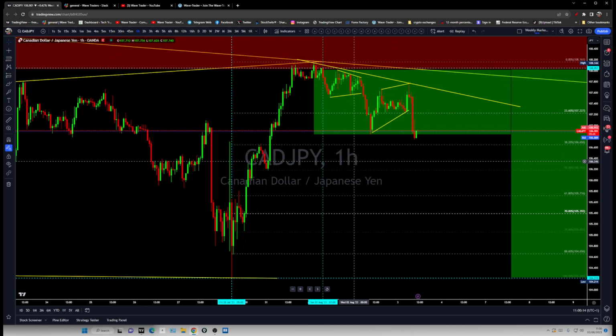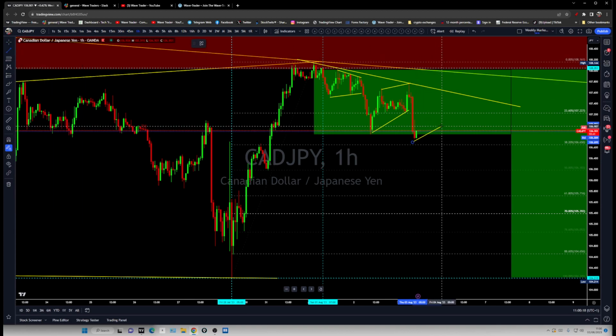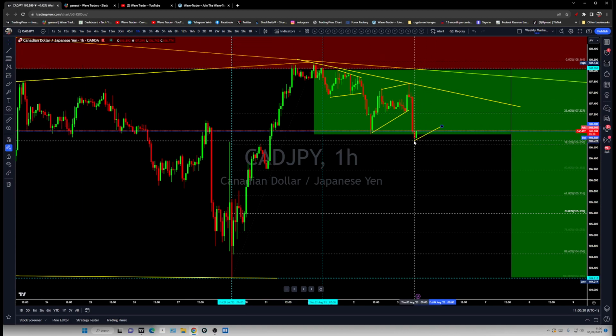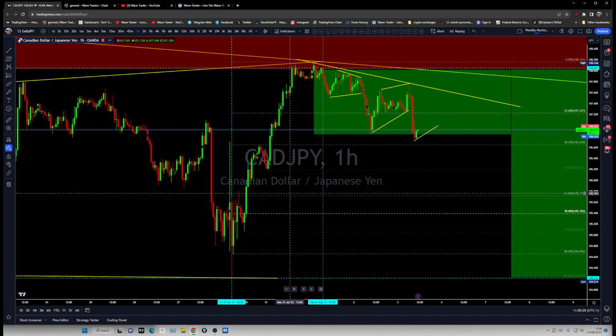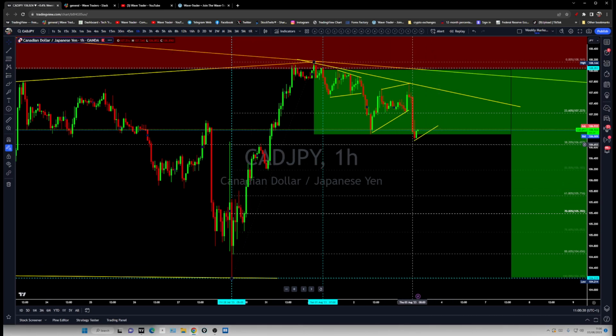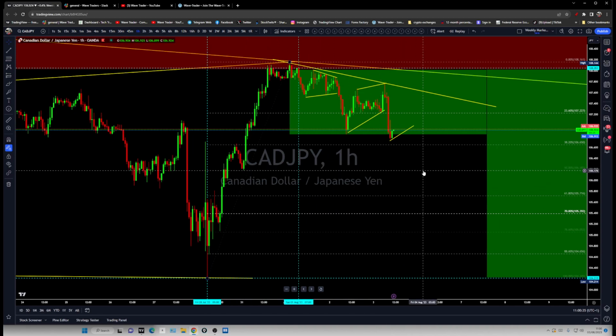So what you are looking for right now is this correction which is just building over there to break out; once you see the breakout come, you are looking for it to drop. Why are we not having an aggressive sell-off on these currencies? Why is CAD not falling against the yen so aggressively?